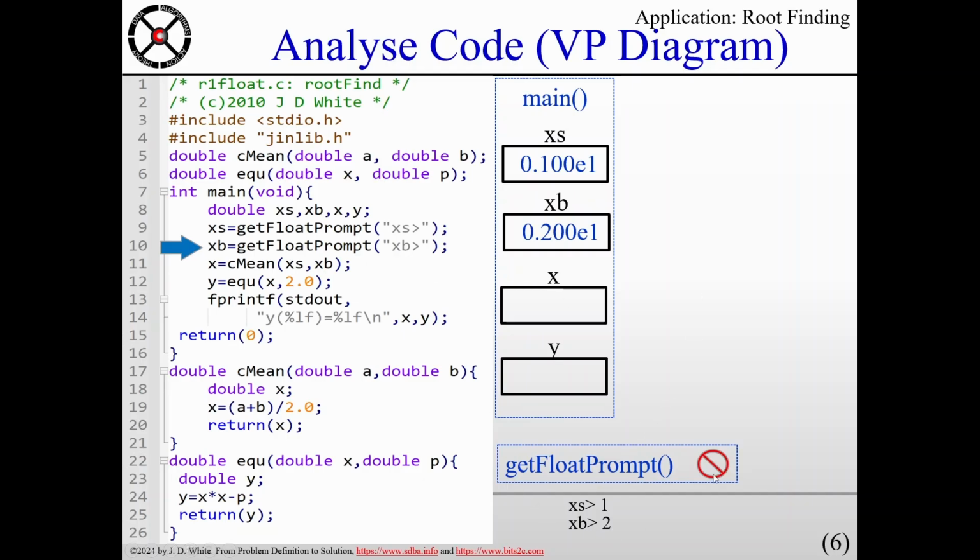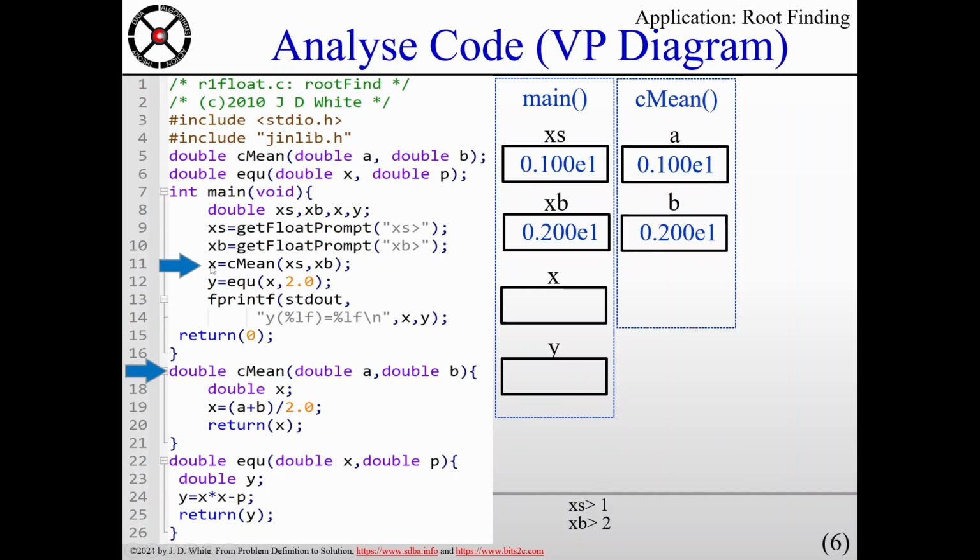I type in the 2, and it gets stored in container XB. The program then comes to call cmean. So control drops into function cmean. Cmean receives XBS and puts it in container A. It receives the value in container XB and puts it in container B.